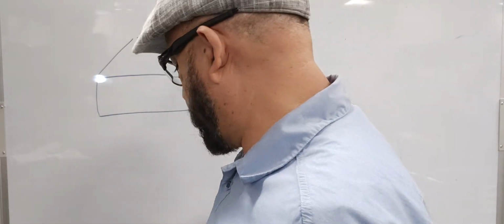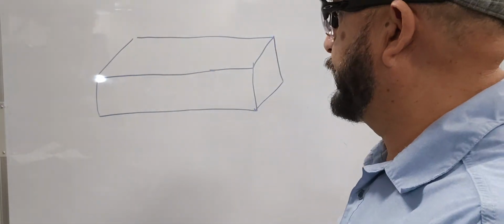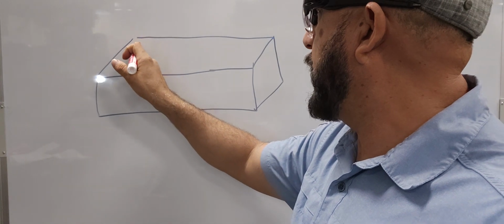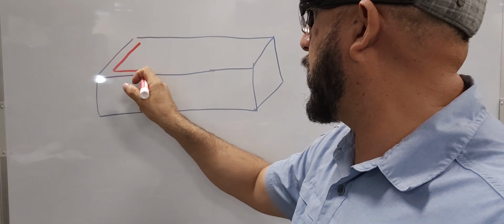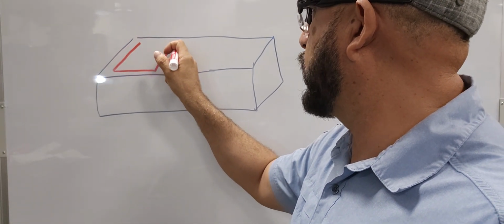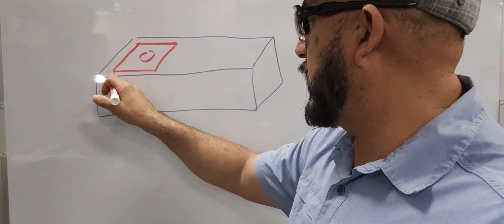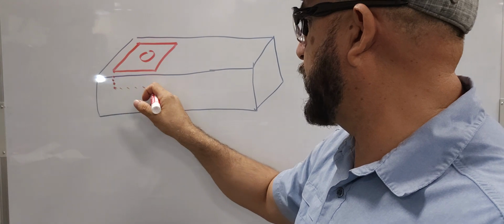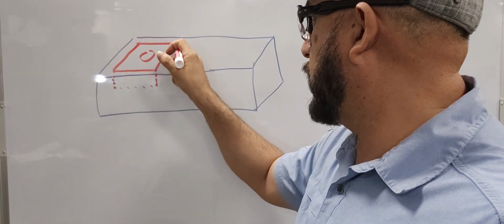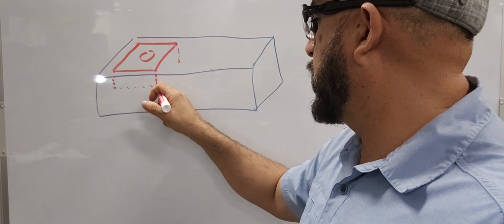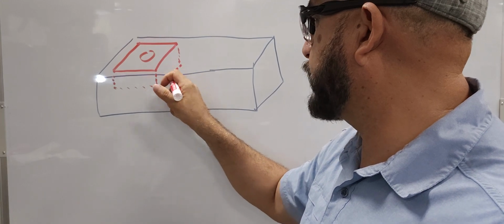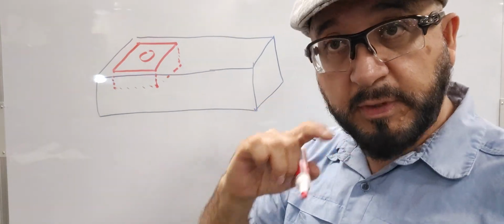I'm going to make that with red. The pocket's going to be coming right here, with a square back to go in there. It's going to be a hole eventually in there, and it's going to go not deep so that the nut can fit in there. That's what we're trying to create.